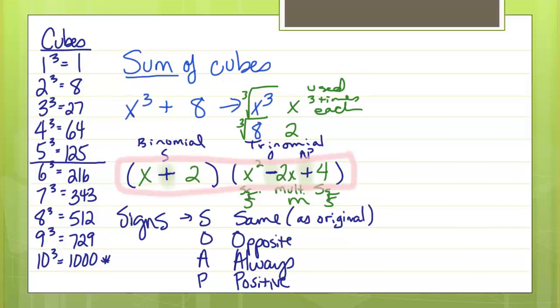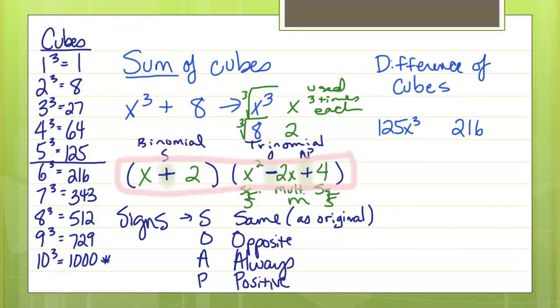So I'm going to do another one real quick. Let's do a difference this time. Next we're going to do difference of cubes. And it's the same set of rules. The only thing that's going to change is the signs. We're still going to use SOAP though, so it's still going to help us figure out those signs. So difference of cubes is when I have a perfect cube here and a perfect cube here, and they're attached by subtraction.